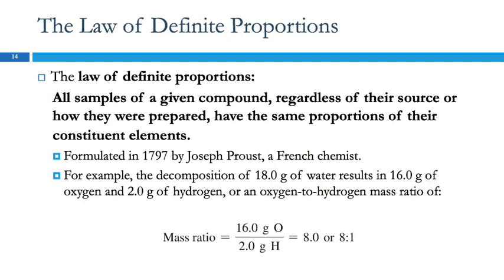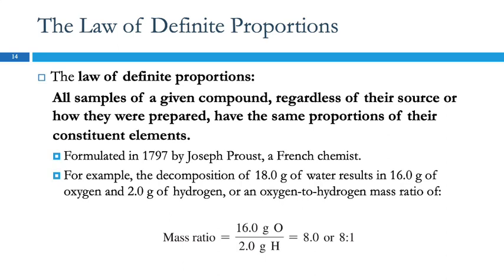The law of definite proportions. So this says that all samples of a given compound, regardless of their source or how they were prepared, have the same proportions of their constituent elements.